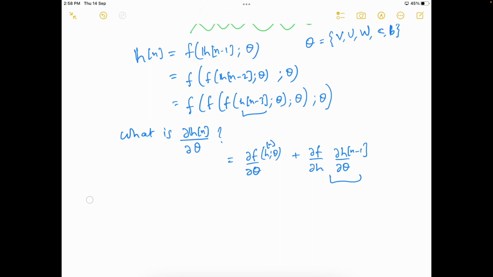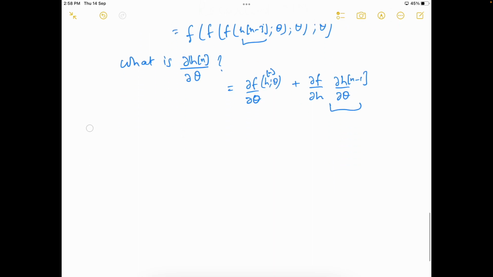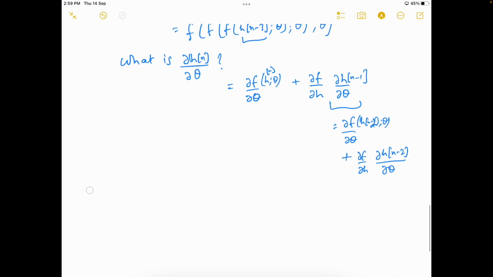And dou h n minus 1 upon dou theta is again a function of dou h n minus 2 upon dou theta. So this derivative will again be equal to dou f with respect to theta plus dou f by dou h and dou h n minus 2 upon dou theta. Sorry, this is n minus 2 here. And again, this thing has to be expanded.